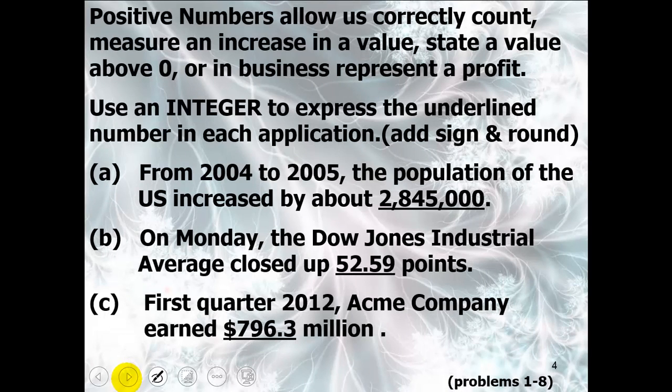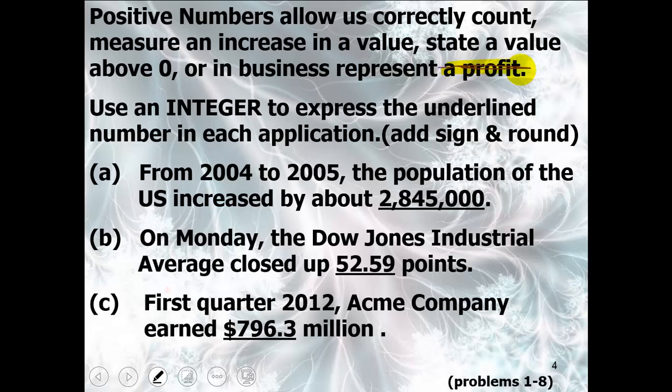Positive numbers allow us to count. They allow us to measure an increase in a value. They allow us to state a value above 0 or an increase, or in business, they represent a profit. Okay? A positive integer is used to express numbers that are going upward.